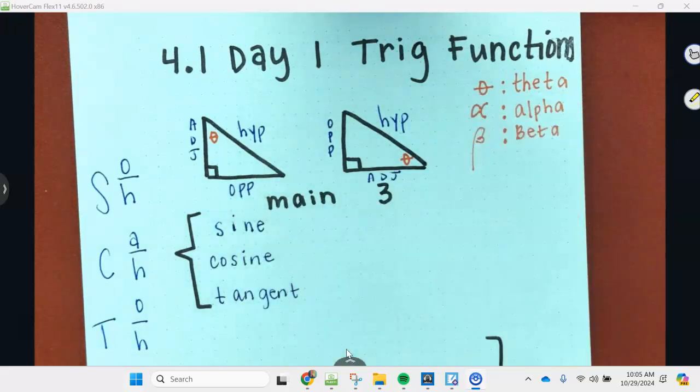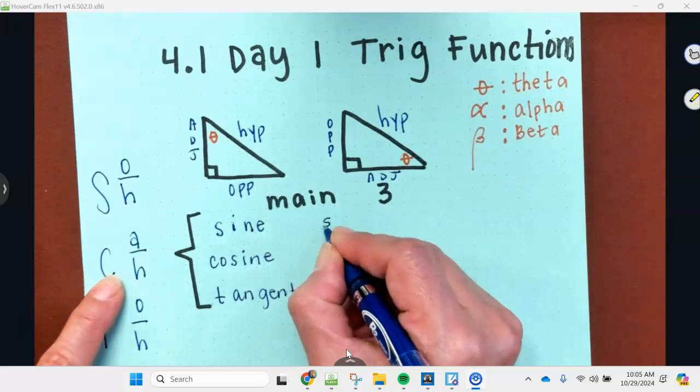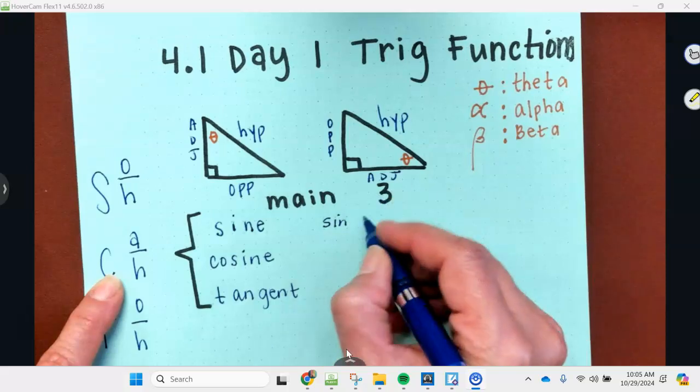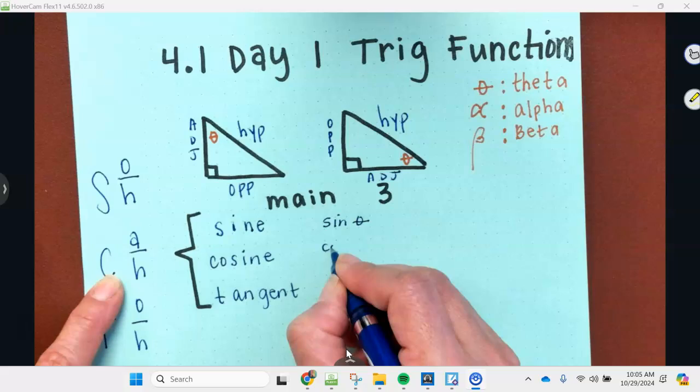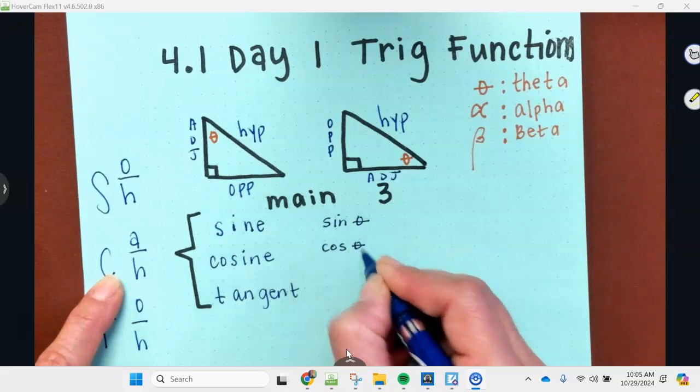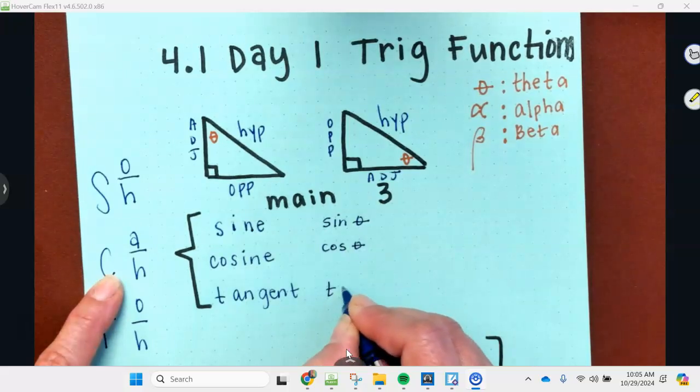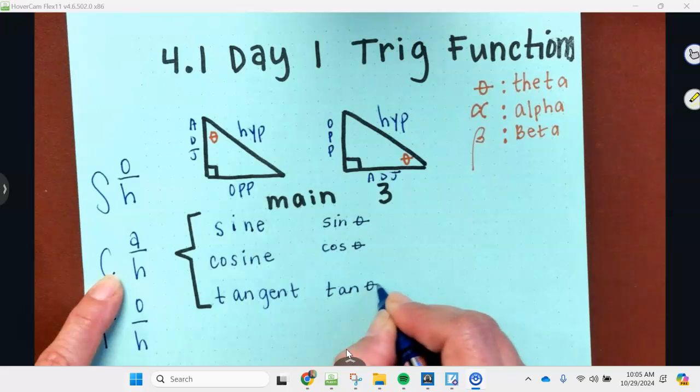But when we go to do our work, they don't look like that. They're going to look like this. We don't write the letter E. Sine theta, cosine theta, and tan theta.